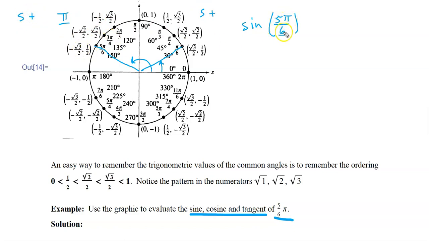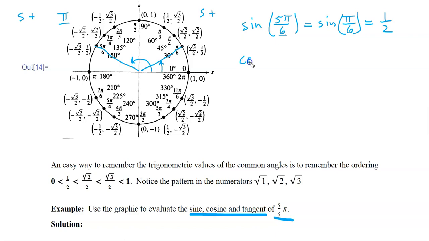So the sine of 5 pi over 6 is going to be the exact same value as the sine of pi over 6 in the first quadrant. So this is just going to be the sine of pi over 6, which is going to be 1/2.